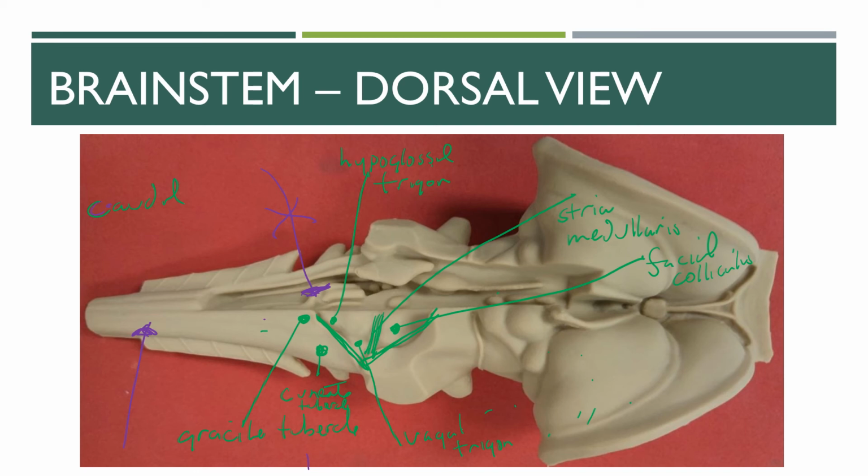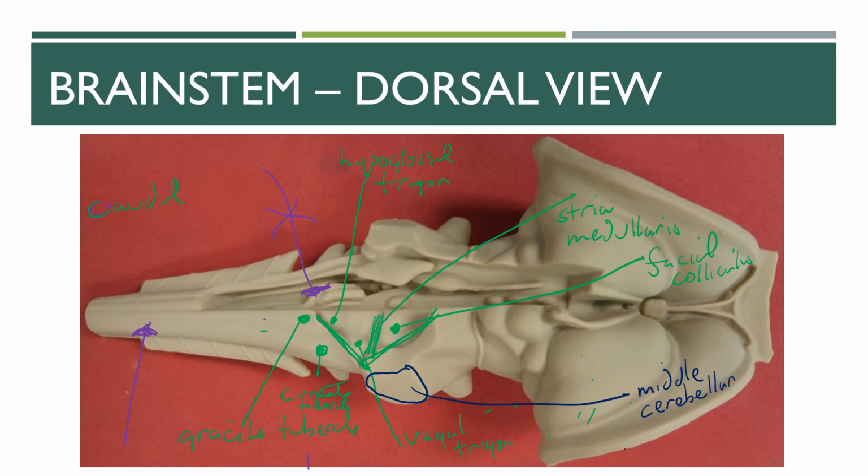Then, if we come cranial to the fourth ventricle, we can identify the three cerebellar peduncles. The easiest way to do this is to take the largest peduncle, which is right here, and that is always going to be the middle cerebellar peduncle.